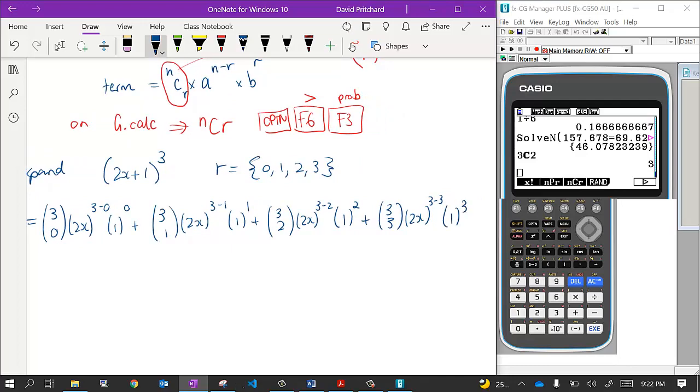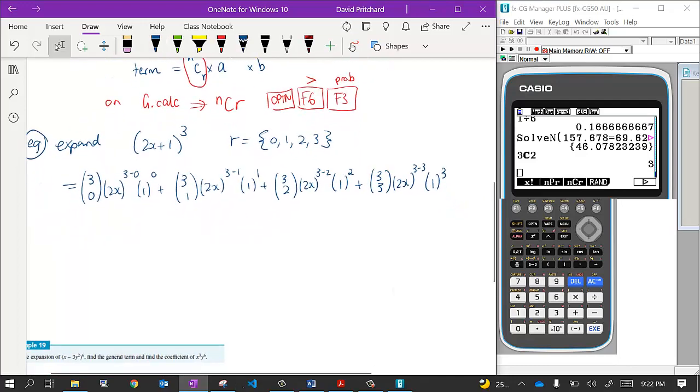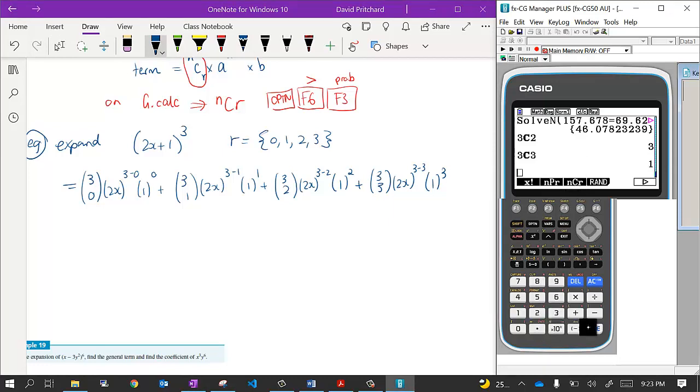Now, in my opinion, you'd be a bit of a crazy person to do it this way, because we've got Pascal's triangle, we know that line, we know what the coefficients are. We don't have to type in and go, well, what's 3C3? Because from Pascal's, we already know that's 1. So this does the same thing.